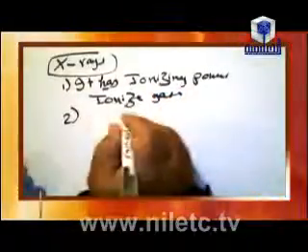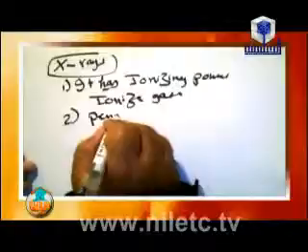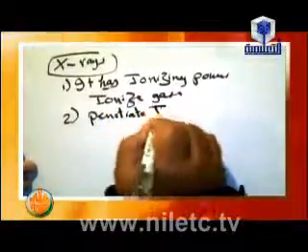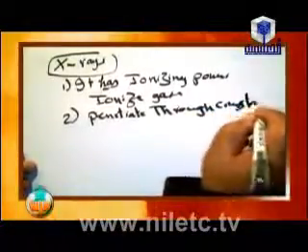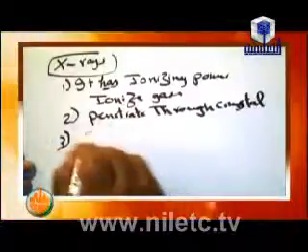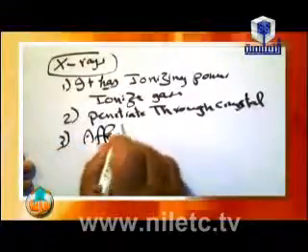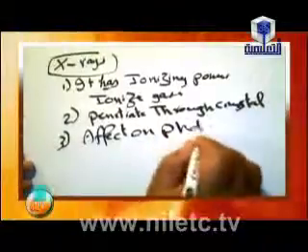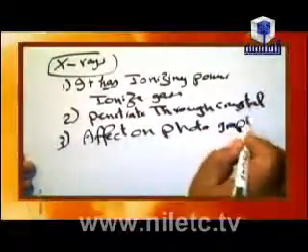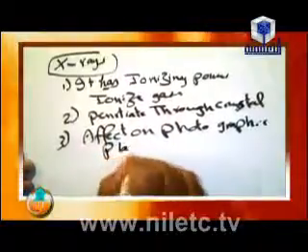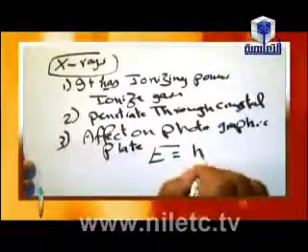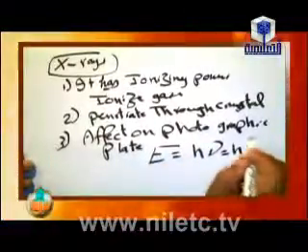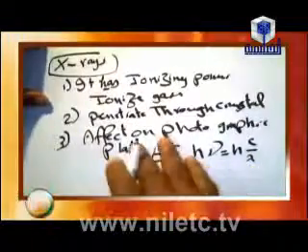Number two, it penetrates through crystal. It means it has high penetrating power. Effect on photographic plate. Its energy equals h nu, which is h c over lambda, the energy of X-rays. And this also is a characteristic of X-rays.